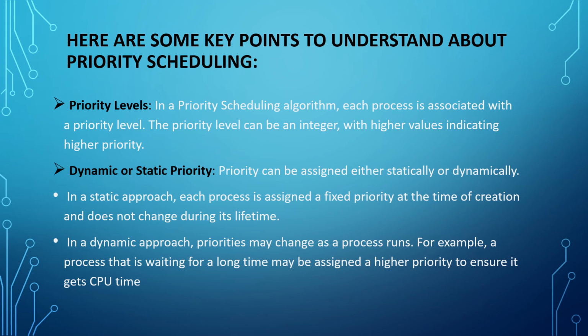In a dynamic approach, priorities may change as a process runs. For example, a process that is waiting for a long time may be assigned a higher priority to ensure it gets CPU time.